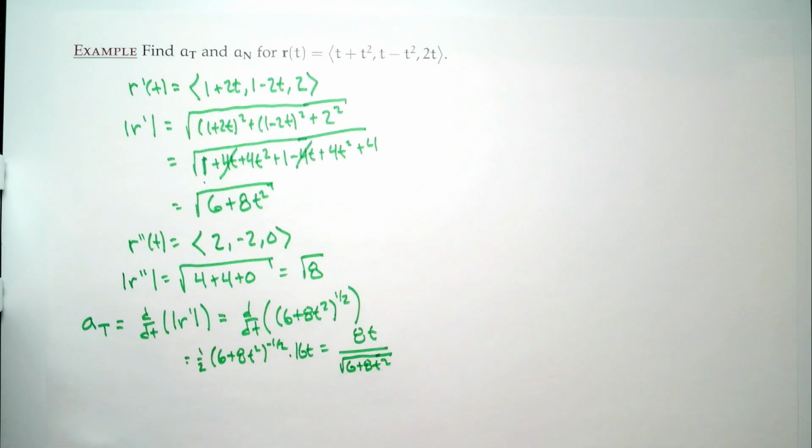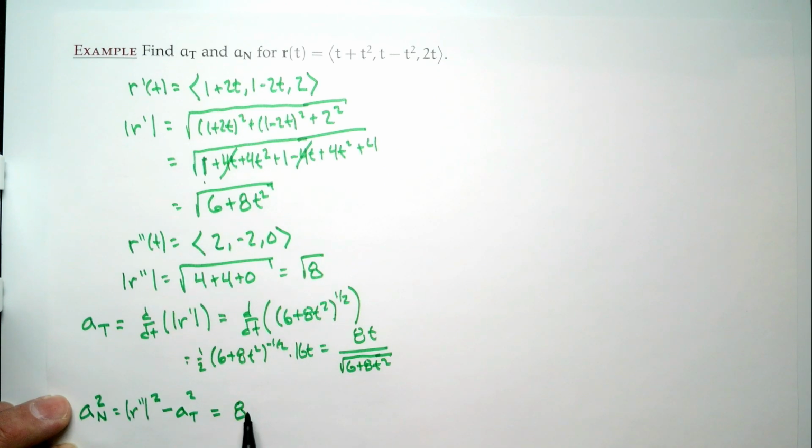Now, what about a sub n? Well, let's do a sub n squared, the magnitude of r double prime squared minus a sub t squared. Well, that would be 8.